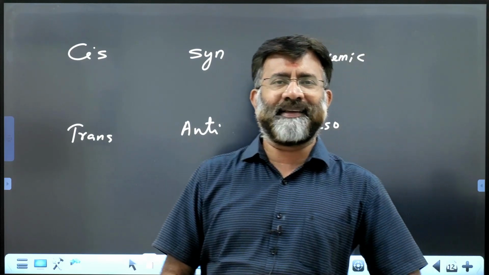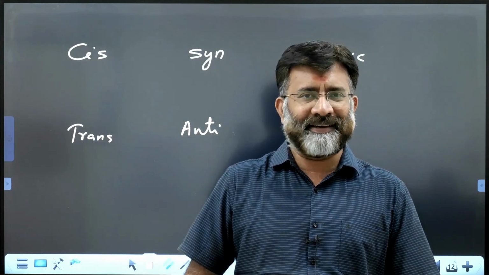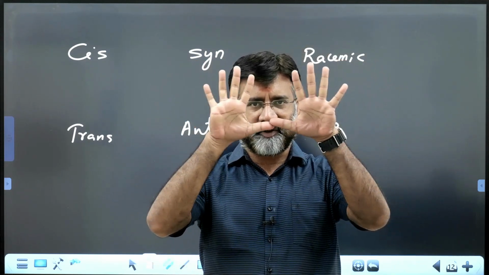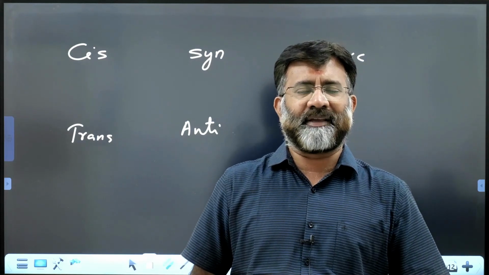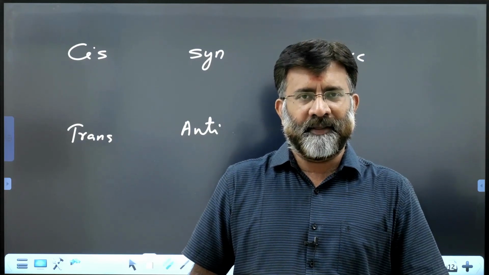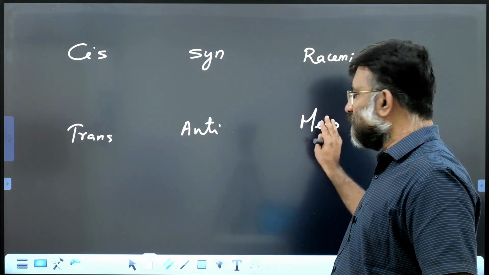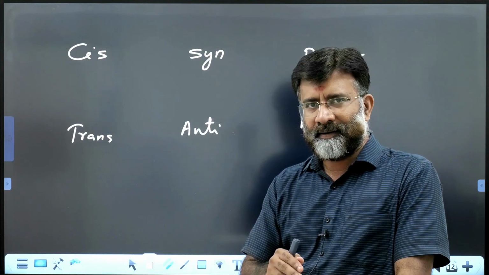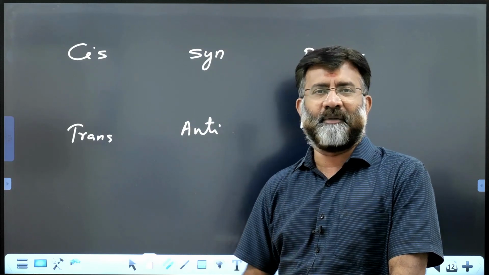What is racemic? Racemic is an equimolar quantity of dextro and levo, equimolar quantity of enantiomers, the non-superimposable mirror images of each other. And what about meso? Meso means a molecule with chiral centers but which does not show optical activity due to internal compensation.